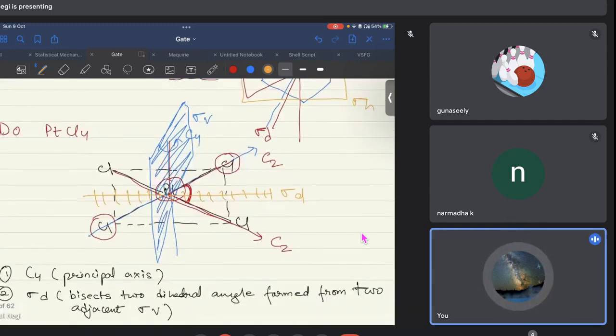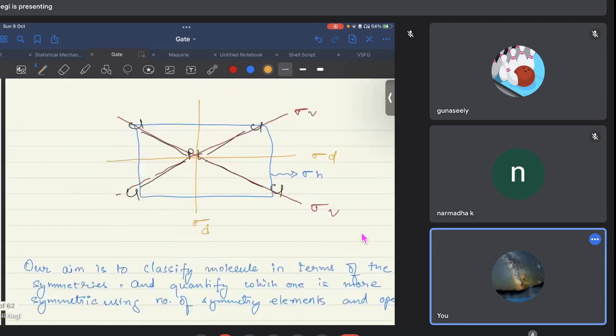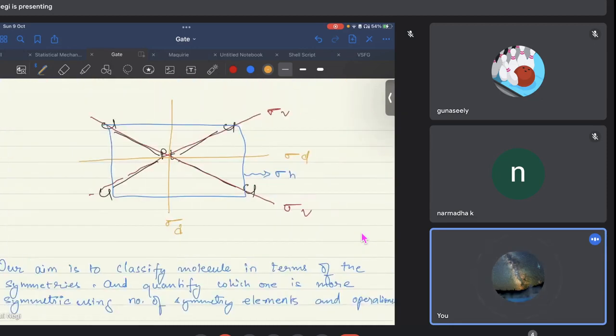So you can say that sigma d bisects the dihedral angle formed from two adjacent C2, or you can say two adjacent sigma v also. Okay, so this is the whole. You can see that sigma v, sigma d, sigma h I have drawn here. So there are two sigma d present, two sigma v present, and one sigma h present.